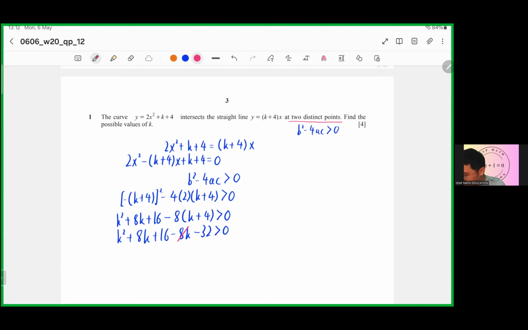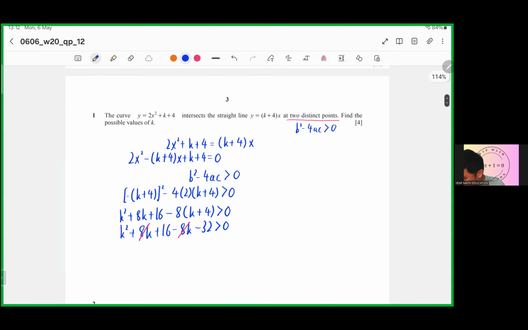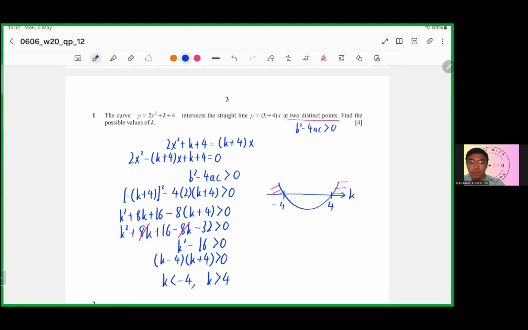Then we cancel and get k squared minus 16. After that we can factorise because this is a difference of squares, giving negative 4 and 4. Because it is more than 0, the answer is k less than negative 4 or k more than 4.